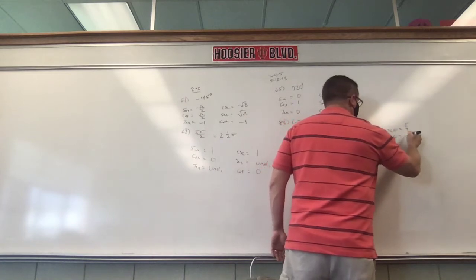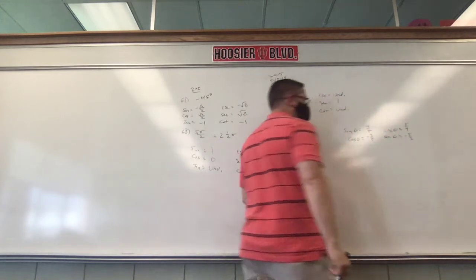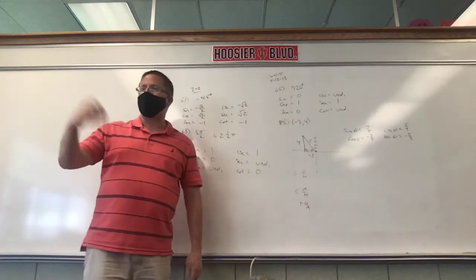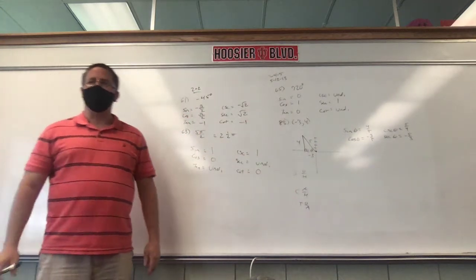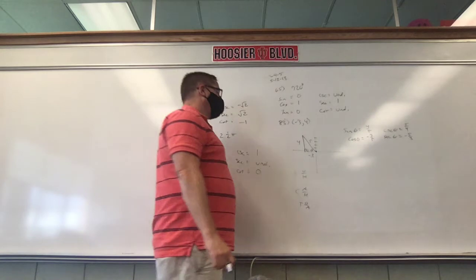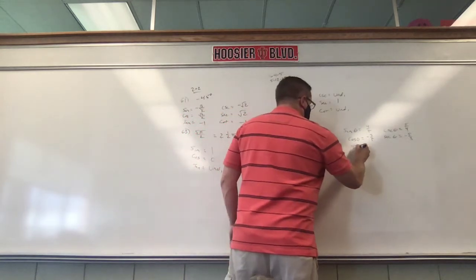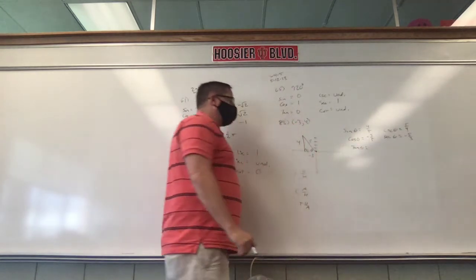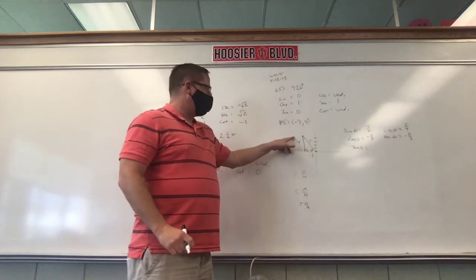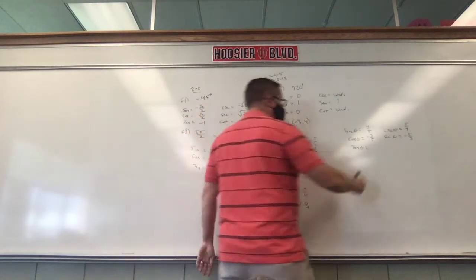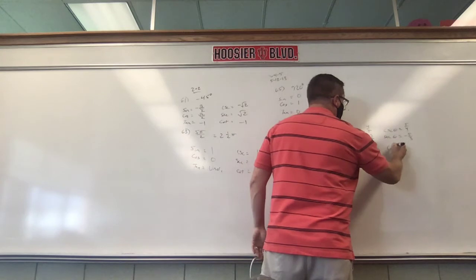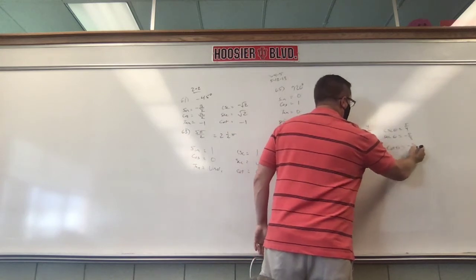Is it 5 over -3 or -5/3? It doesn't matter. The negative will go on the top or the bottom or the middle. It really doesn't matter where the negative is. And tangent, you could do sine over cosine, or you could do opposite 4 over adjacent -3. So -4/3. So cotangent is -3/4.